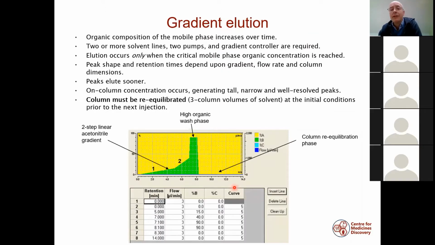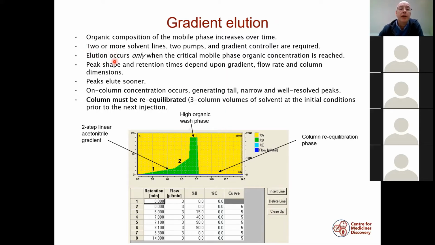More common is gradient elution. In gradient elution, the organic composition of the mobile phase will increase over time. So we need two solvents, two solvent lines, two pumps, and we also need a gradient controller because we're going to alter the ratio of these two solvents over time.